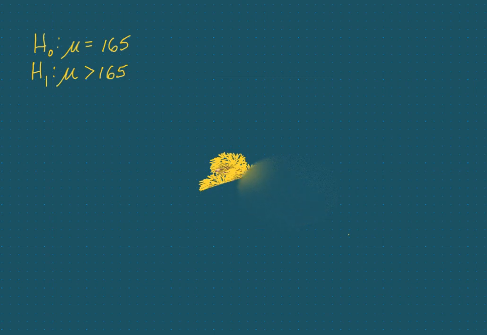Let's just go back to the abstract. Mu equals 165, or mu is greater than 165. I will also let you know that I gathered a sample of 30 individuals. I found that the sample mean was 172, and the sample standard deviation was 12.